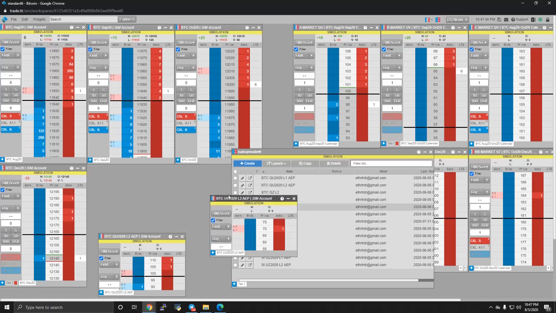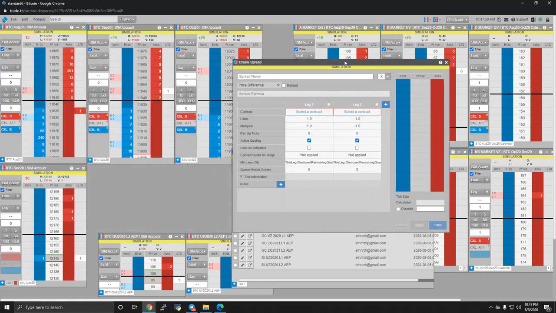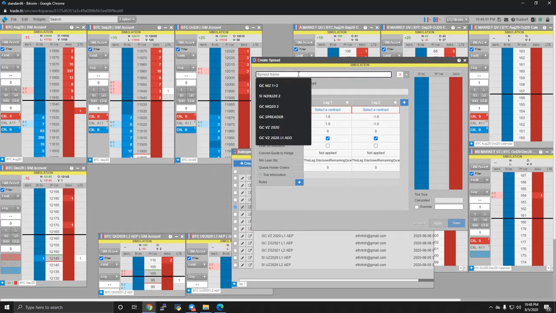We have one last AEP to pull up, and it's going to be the December market. We're going to look for BTC. Let's see what we should build here. We should build the QZ calendar, the QZ AEP for BTC.